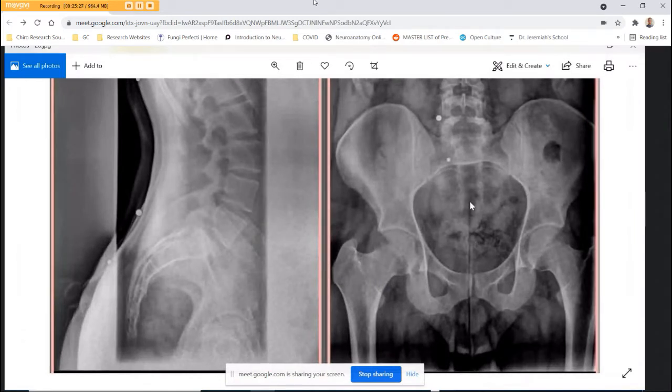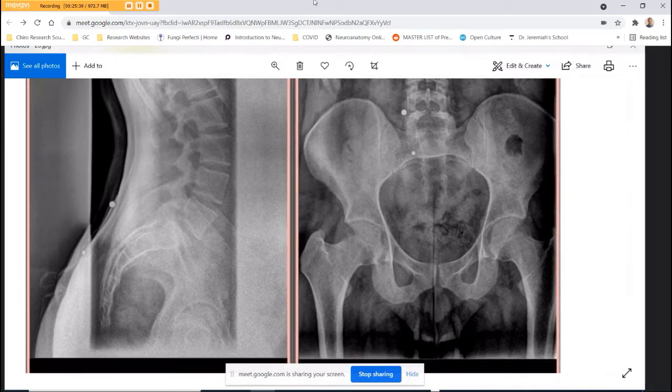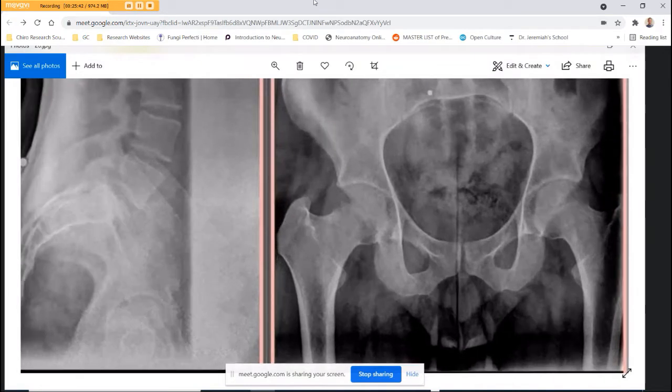Do you guys see this line running through here, that I have my arrow on? That's what we call the gluteal fold. And that's a good landmark to look at to decide whether or not you have good patient positioning on the film. To me, this looks like the patient might be a little rotated because that gluteal fold is a little bit to the left of that symphysis there.